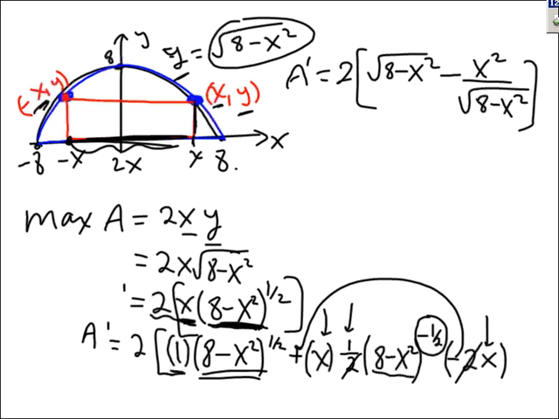And we want to set it equal to 0. Well, 2 times what's in the brackets is 0. It's not the 2 that equals 0. 2 never equals 0, so it must be the case that what is inside the brackets equals 0.